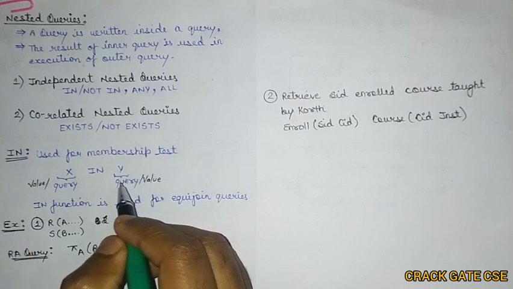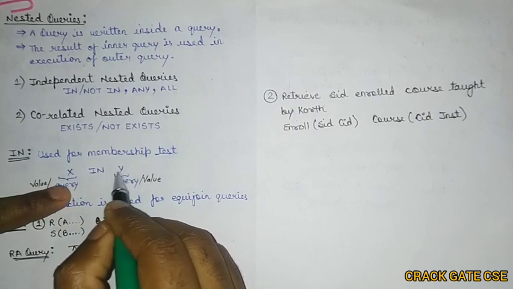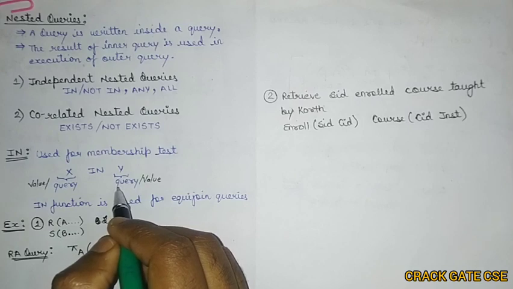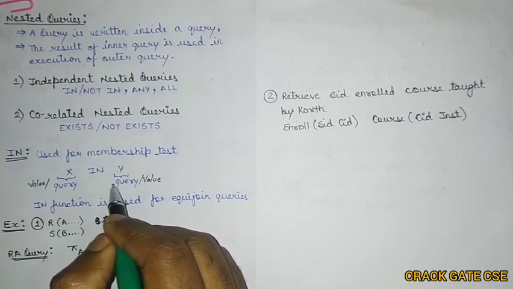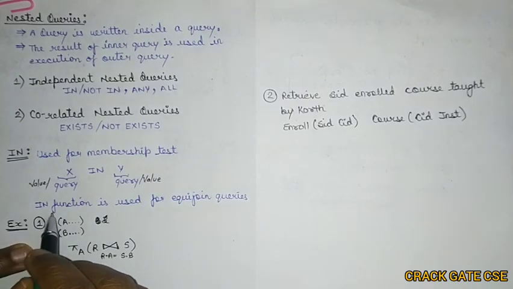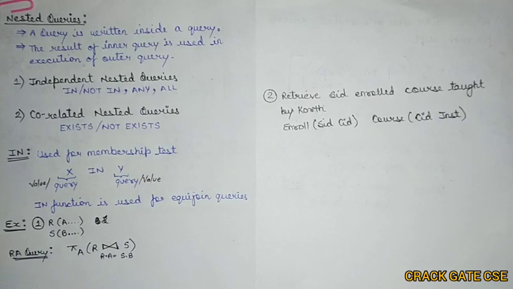That means it will check for the equal values. If I am having x value as 10 and the same value is available in y table, then it is known as equijoin. So the in function is used for equijoin queries. This is what I have written over here. So now let's try to understand this with the help of a few examples.